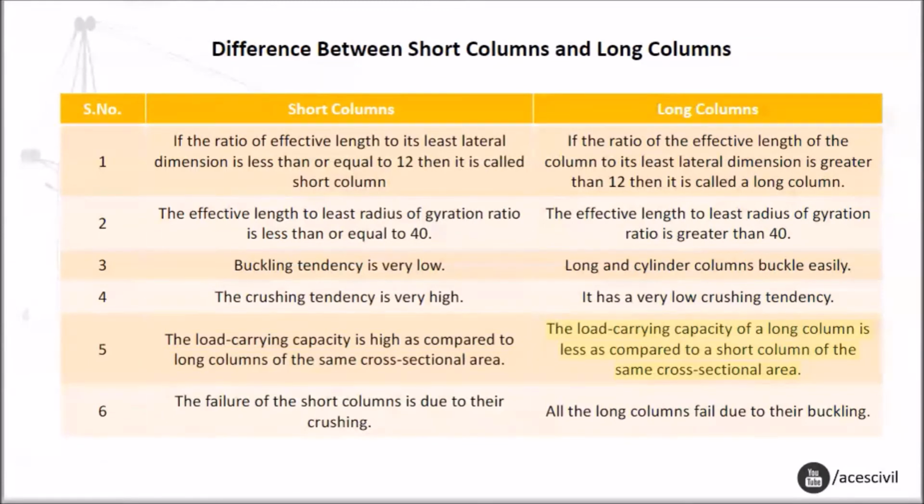The load carrying capacity of a long column is less as compared to a short column of the same cross-sectional area. 6. The failure of the short columns is due to their crushing. All the long columns fail due to their buckling.